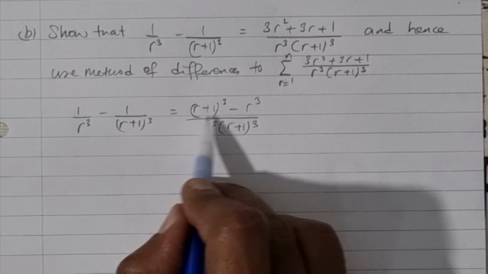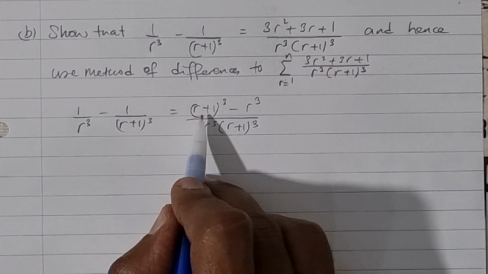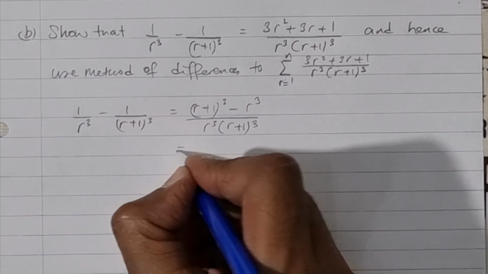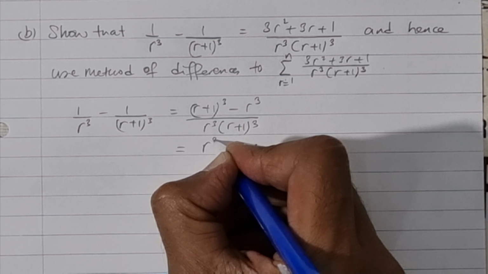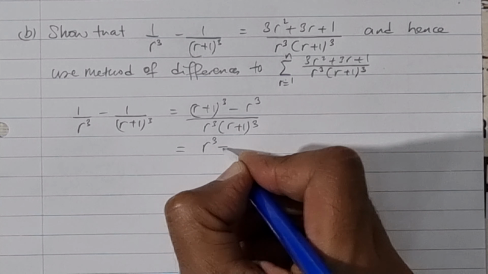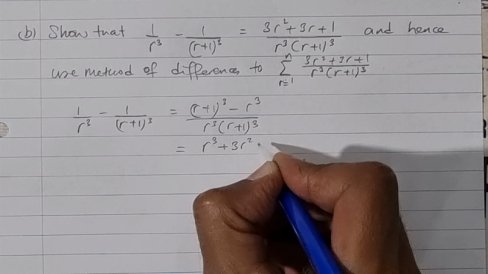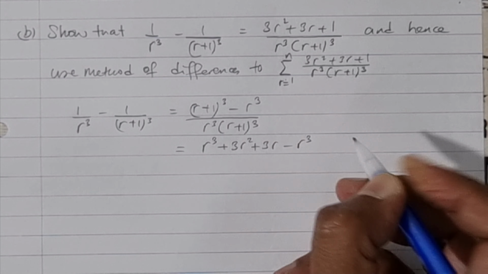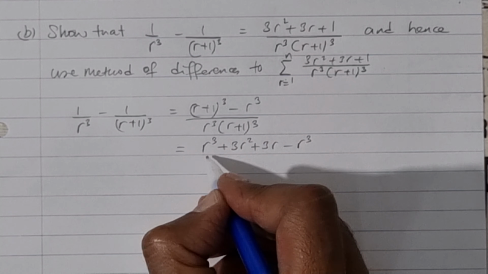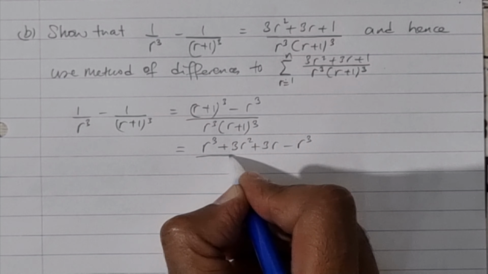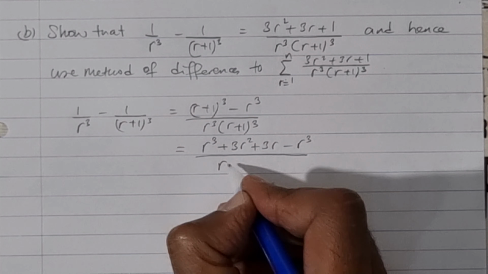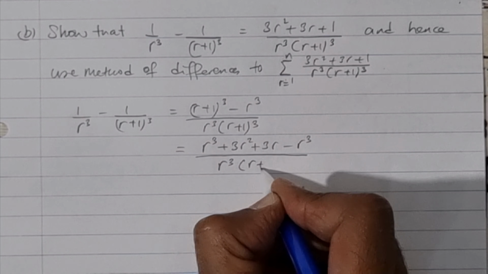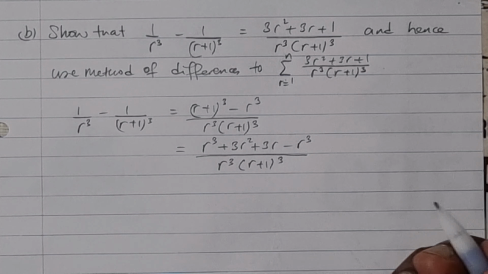Now, you can use the binomial expansion to expand this expression over here, and this is going to turn out to be r to the cube plus 3r to the square plus 3r minus r to the cube, and of course divided by r to the cube into r plus 1, all of that to the cube.